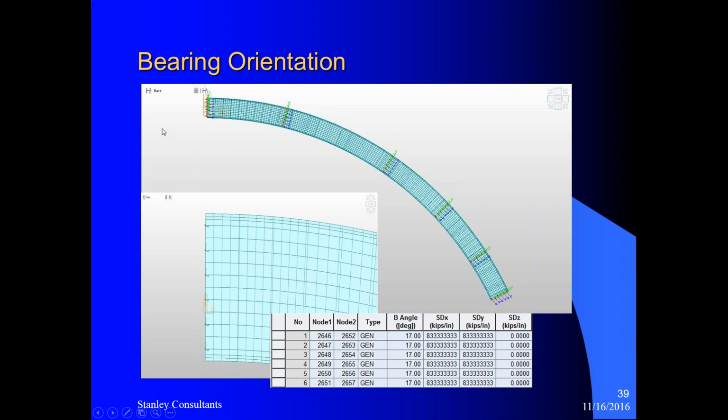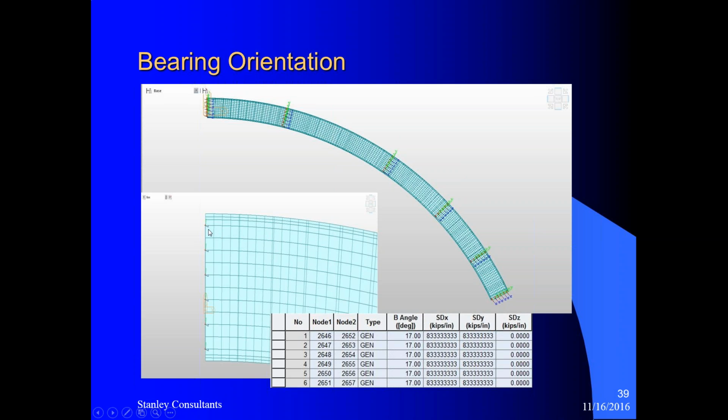In this case, we had it all oriented towards this pier. I don't have three more terms here; I just wanted to have a big picture, so I eliminated those. But then you can input the stiffness of the bearing here inside the elastic link.